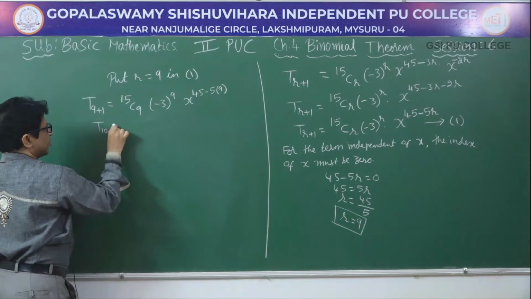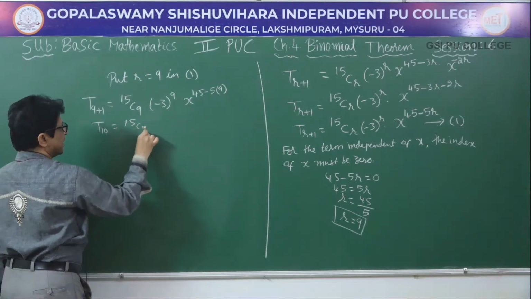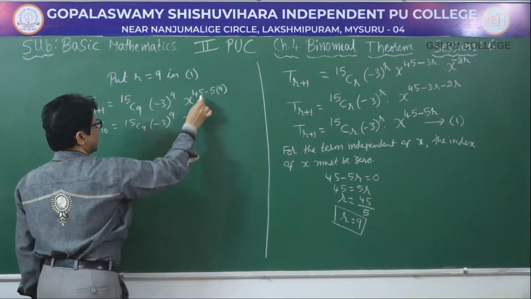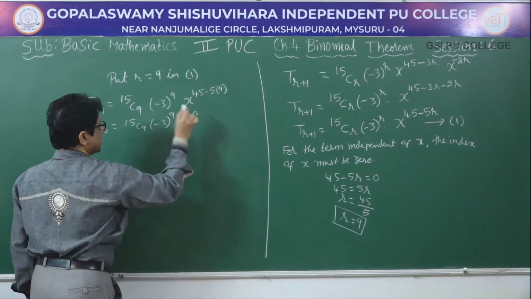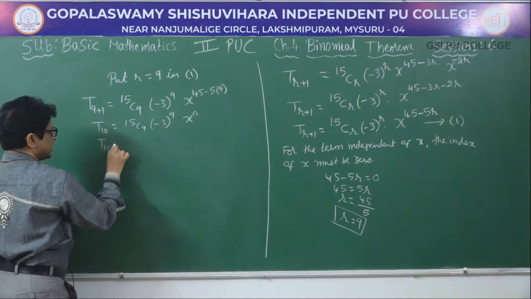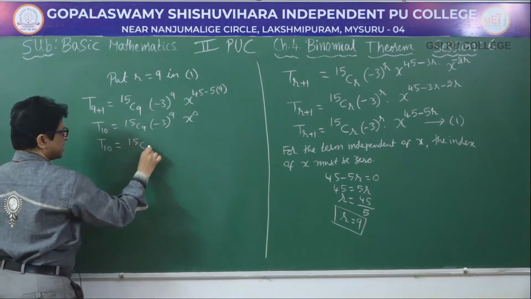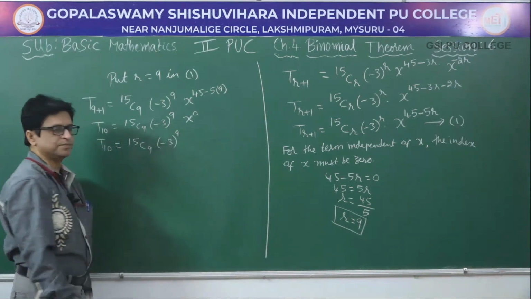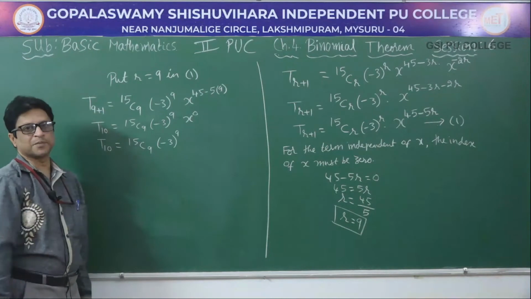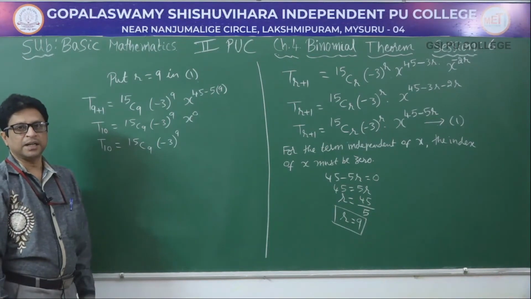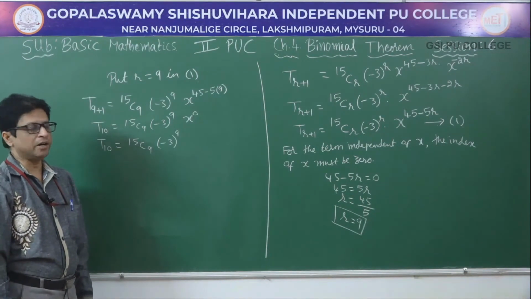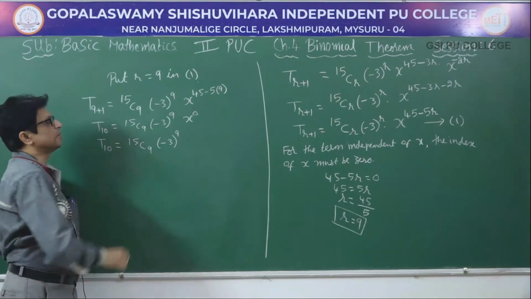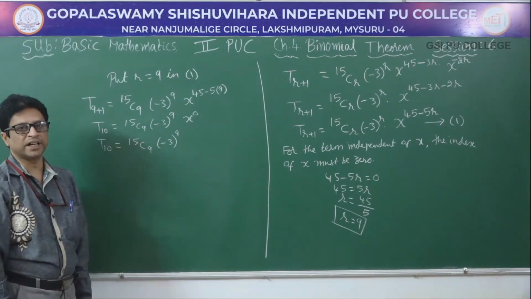So, T10 is equal to 15C9 into minus 3 whole power 9 into x power 45 minus 45, which is 0. So, x power 0 is 1. So, 15C9 into minus 3 whole power 9. So, the 10th term of this expansion will be the term which is independent of x, whose value is 15C9 into minus 3 whole power 9.